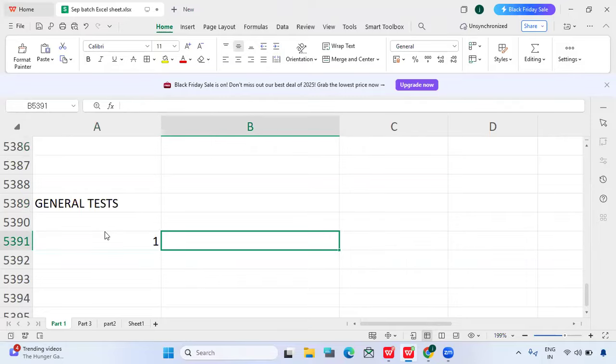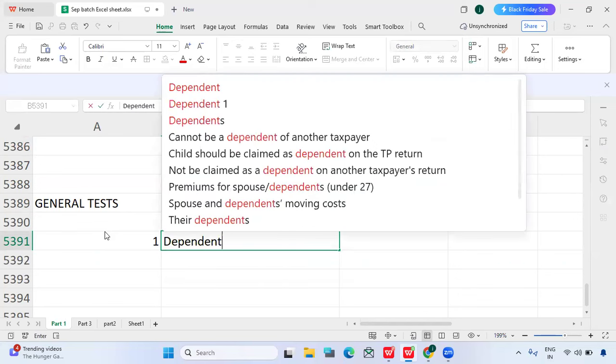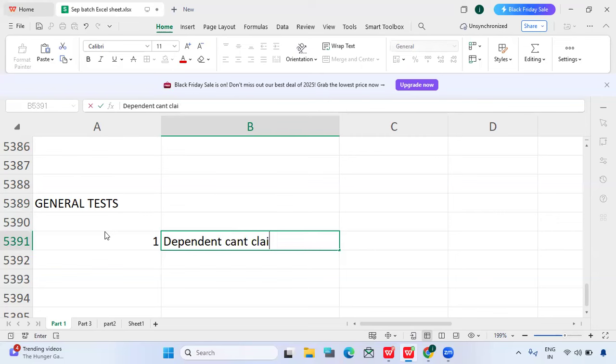The first test: a dependent cannot claim their own dependents. It is very important.